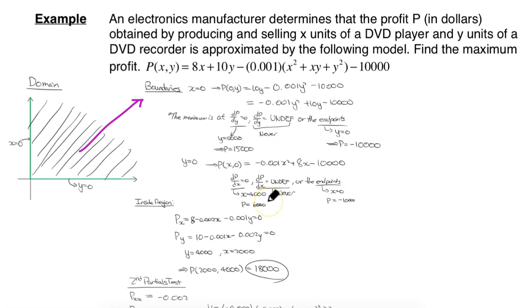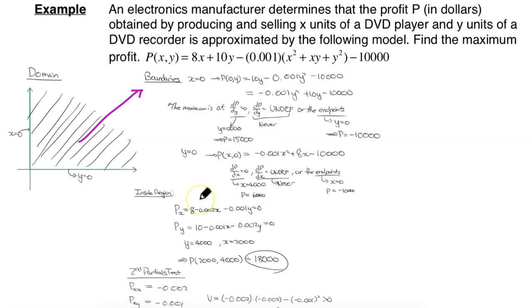So it's not as good to build only DVD players compared to building only DVD recorders. But hopefully there's a situation in the inside region where we are building a mix of DVD players and DVD recorders, and manufacturing some of each makes the profit even greater.